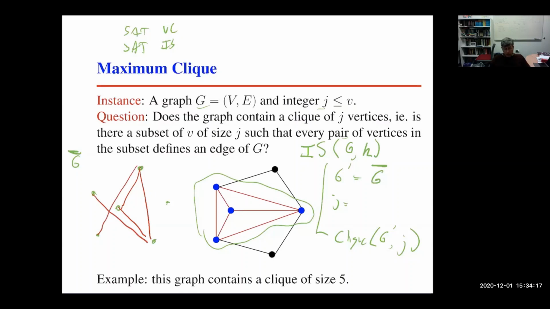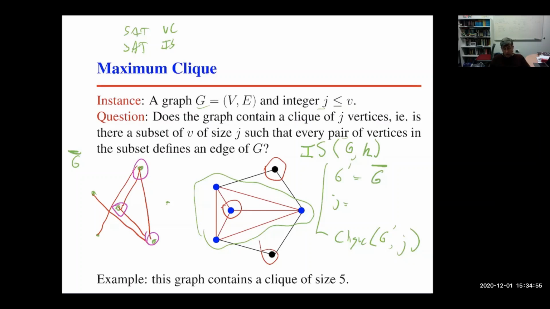This is what the complement of G looks like. And what does this say? The claim is that if there is an independent set of size 3 in the original graph, then there is a clique of size 3 in the complement graph. Does everybody see that?